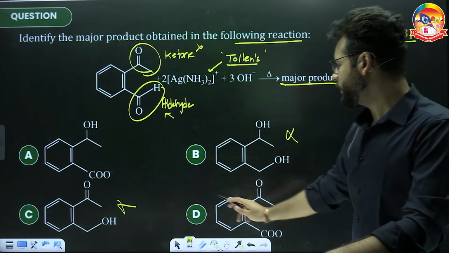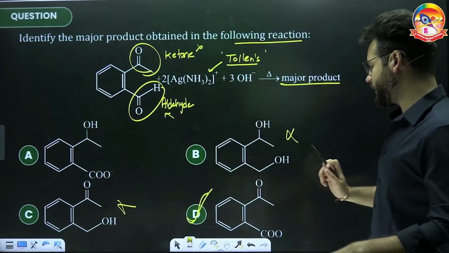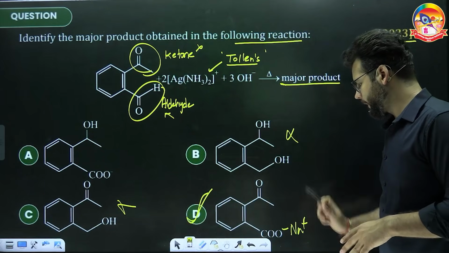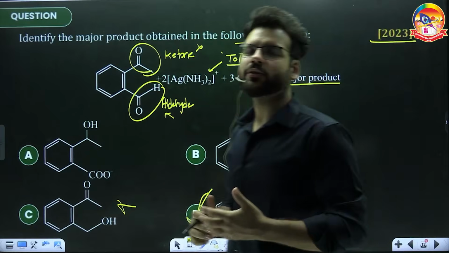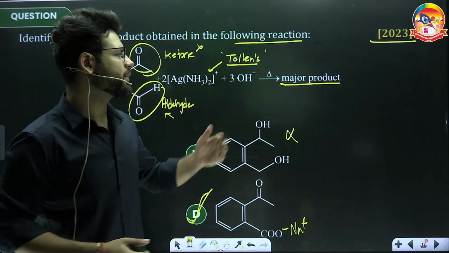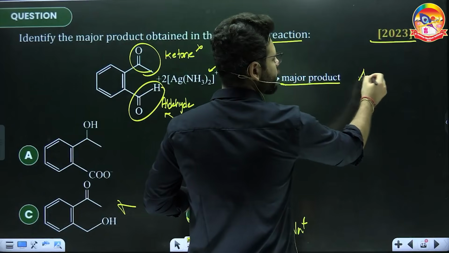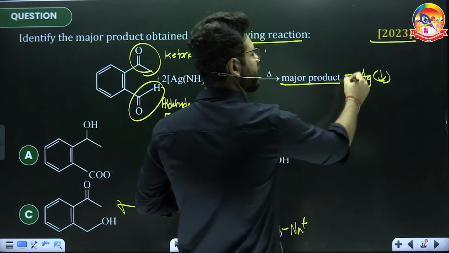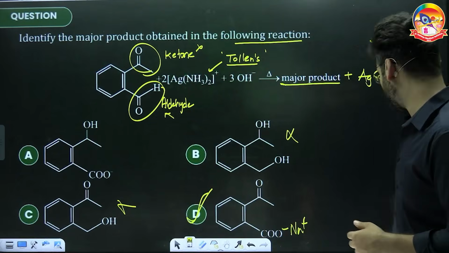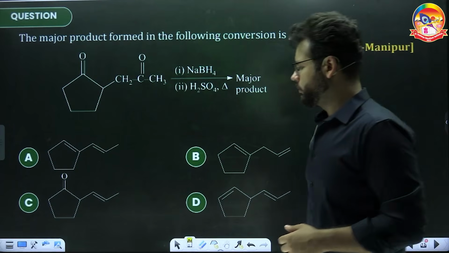And the answer will be the fourth one, where the ketone remains as it is and your aldehyde gets oxidized to the sodium salt of carboxylate. And silver mirror would form. Here the Ag+ will get reduced to Ag0. Silver mirror test, again a named reaction, Tollens reagent test. Silver mirror test.